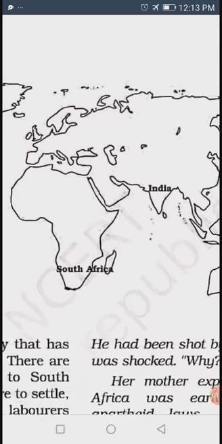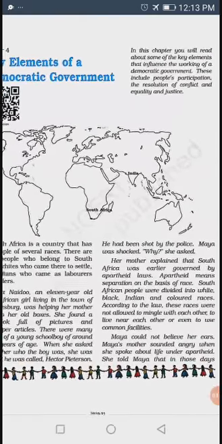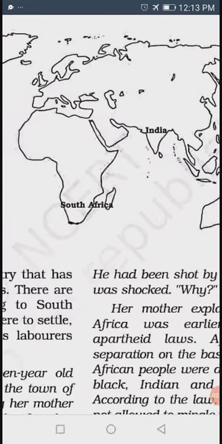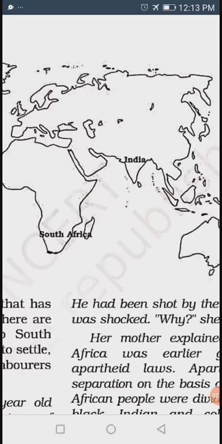On that map India and South Africa, these two countries are shown, and in these two countries there is a democracy or a democratic government.